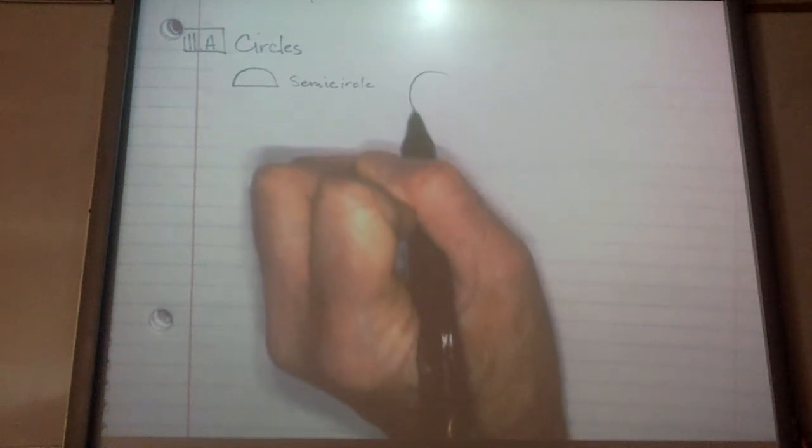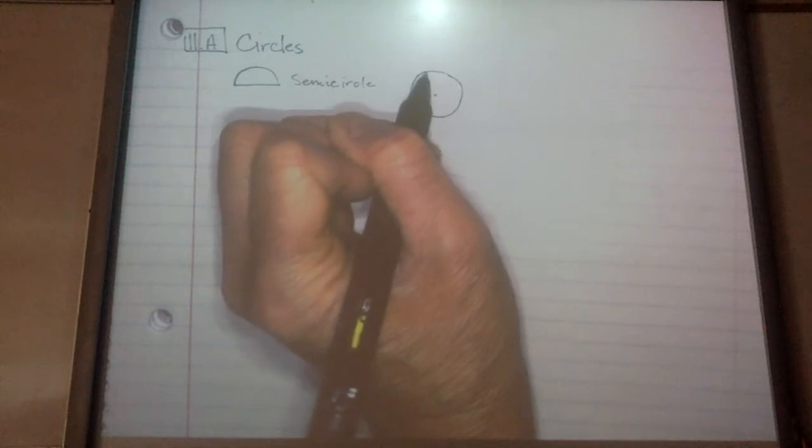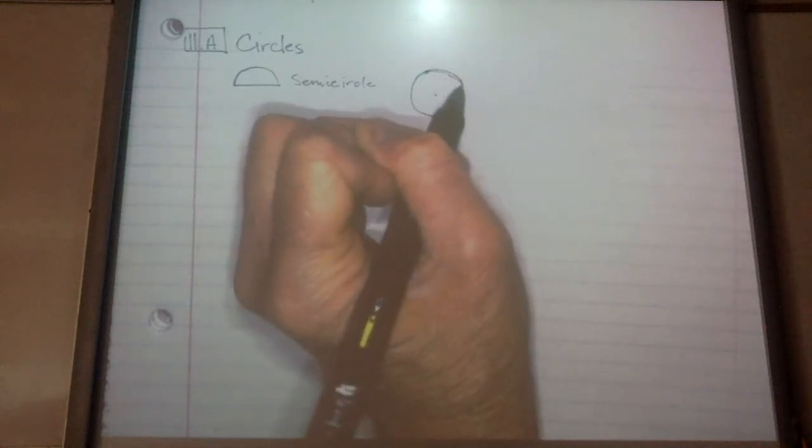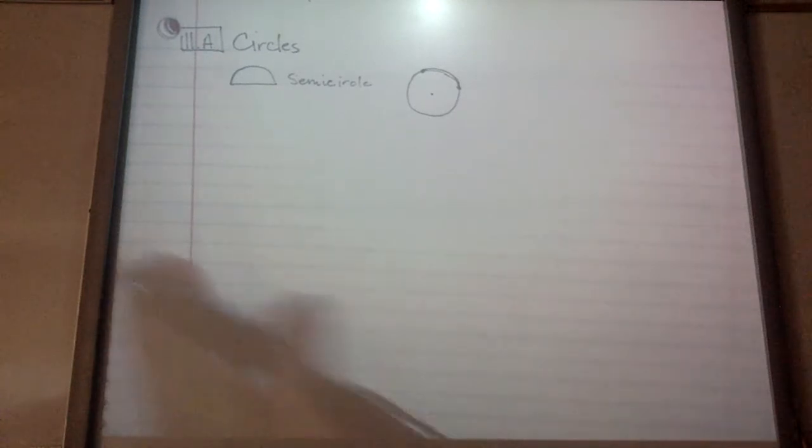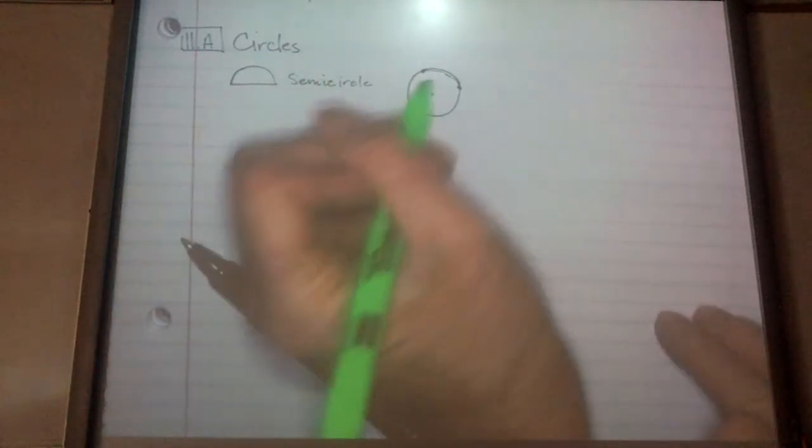So first things first, they cover that half a circle. If this is my diameter, then this would be a semicircle. And then they cover what a major and minor arc are. So if this is the center, a minor arc is less than 180 degrees.